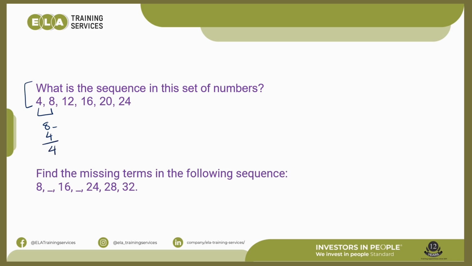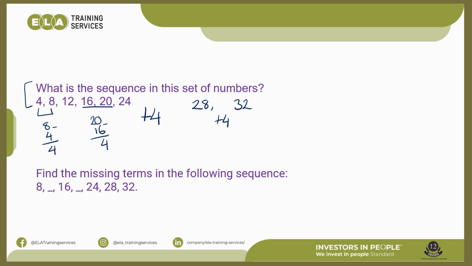And we'll pick a random one. 20 minus 16 is also 4. So the sequence is that it's going up in 4s. If you were asked to fill in the additional numbers, you'd have 24 plus 4 is 28, plus 4, 32, and so on and so forth.